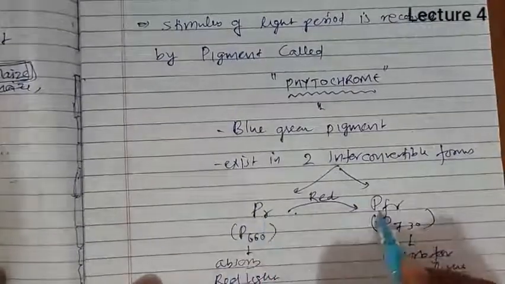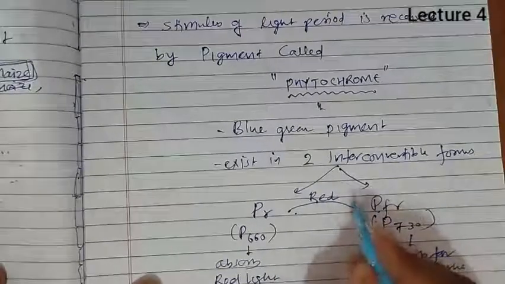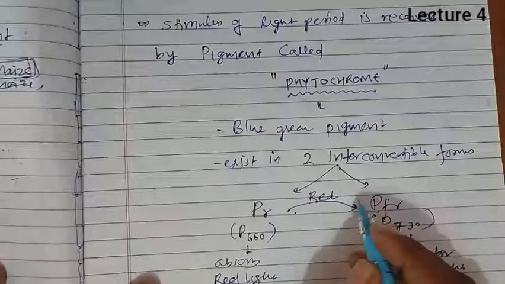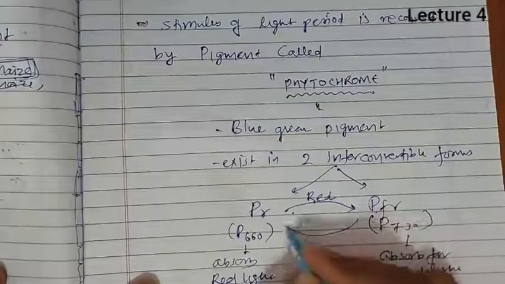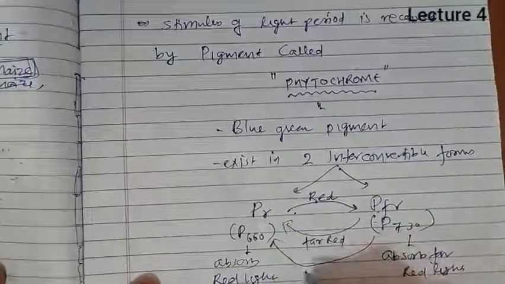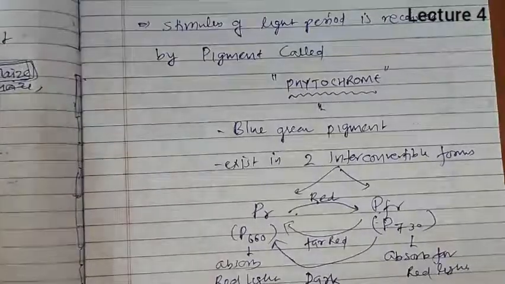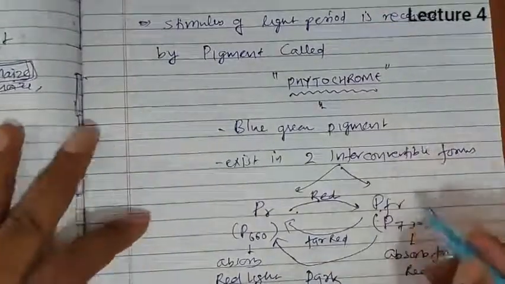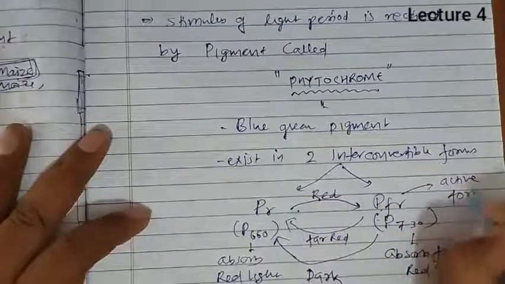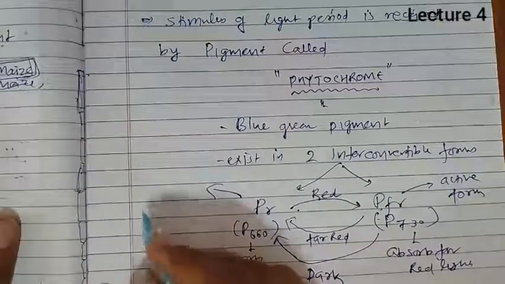So PR converted into PFR by absorbing red light, but on absorbing far red light, the PFR converted into PR. In dark period also, PFR get converted into PR, and out of which the PFR is physiologically active form and PR is physiologically inactive form.